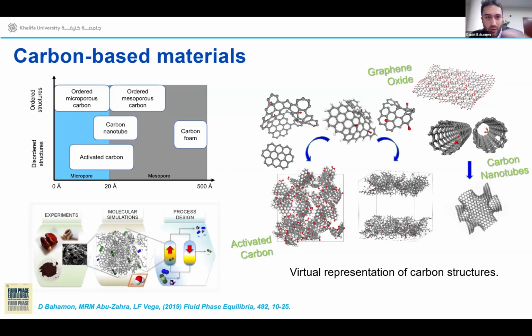And the idea with all these simulations is just to combine the understanding we can obtain from the molecular simulation with the information we can get from the experiments, and try to move this into the process design, into a higher TRL and try to get these materials into the market.